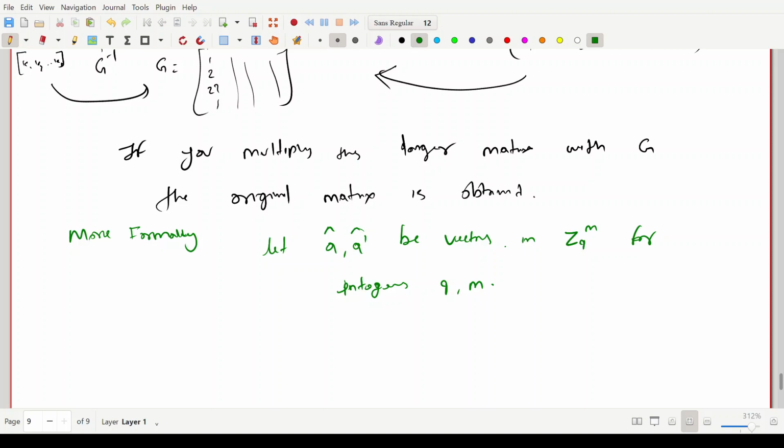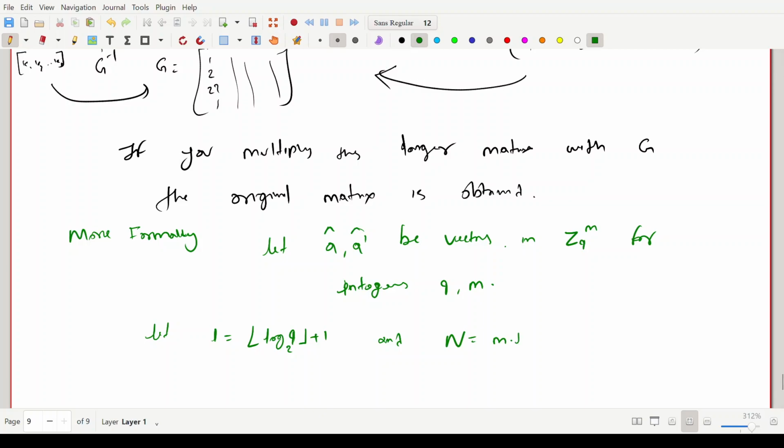Okay, and let L be the bit length, log Q to the base 2 plus 1. And what is your N?